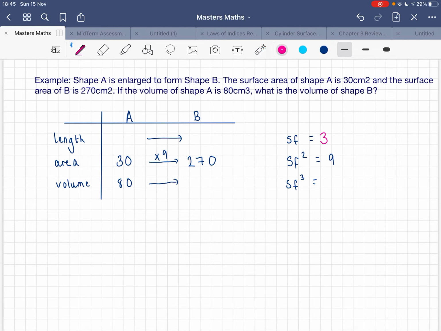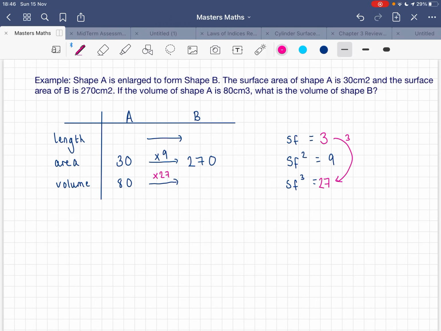And then for volume, we need to multiply by the scale factor cubed. So I have to, not times it, I have to cube it. It's hard to tell that it's a cubed, isn't it? 3 cubed is 27. 3 times 3 times 3 is 27.